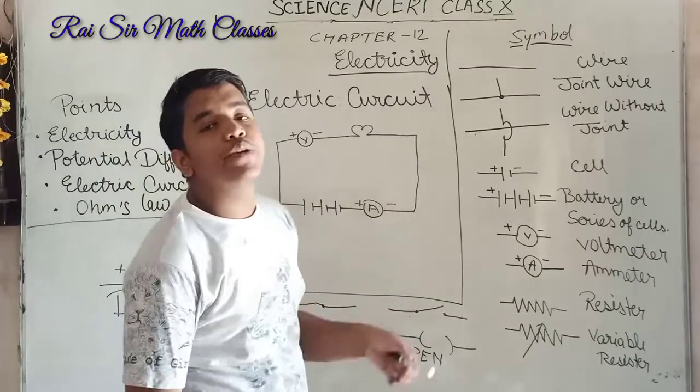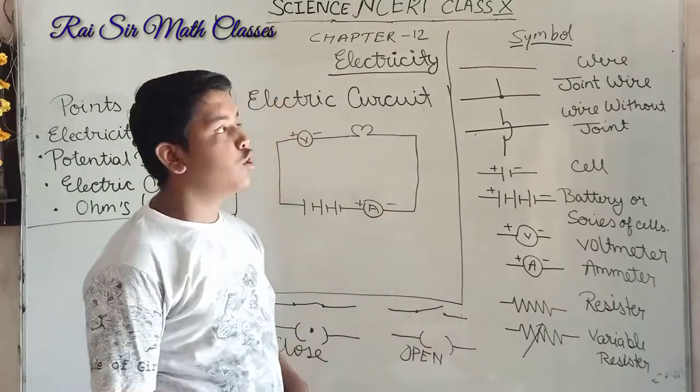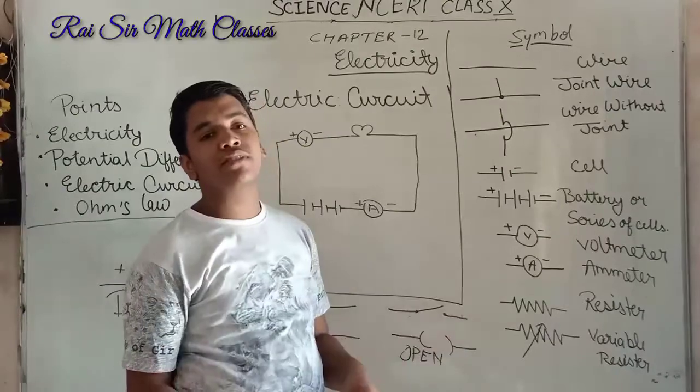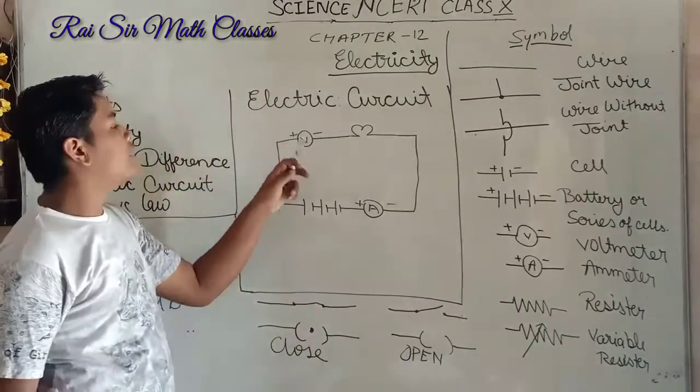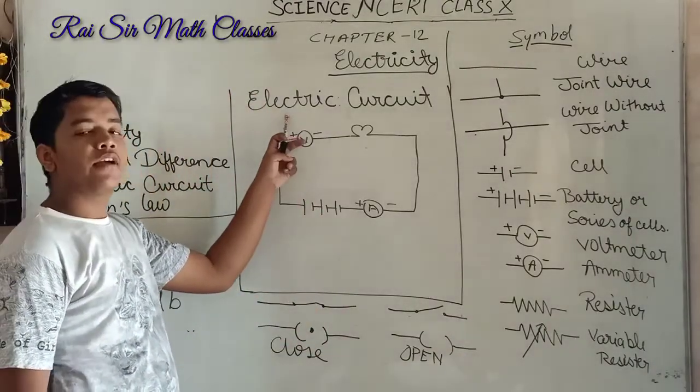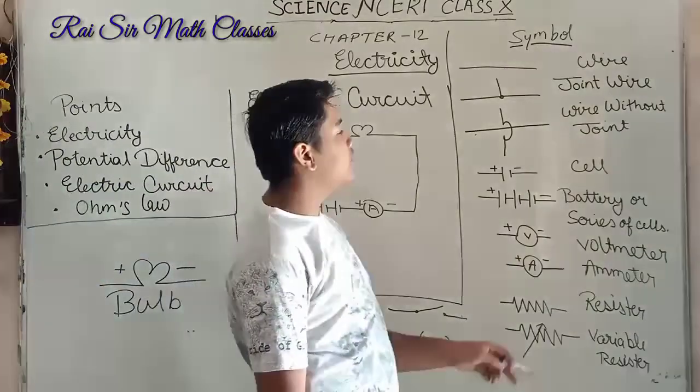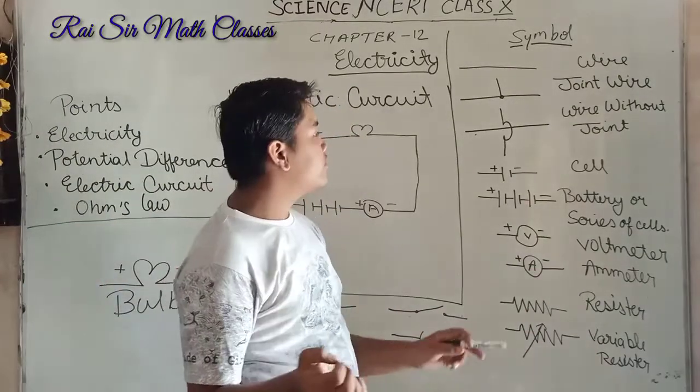Now, as I told you in the resistance part, I am going to show you some symbols that are required in the diagrammatic representation of electric circuits. So let us see some basic symbols.